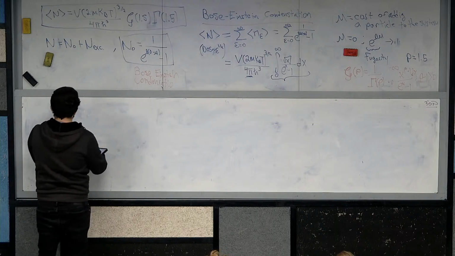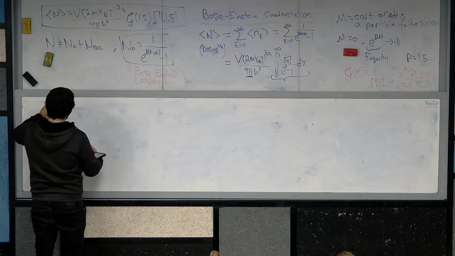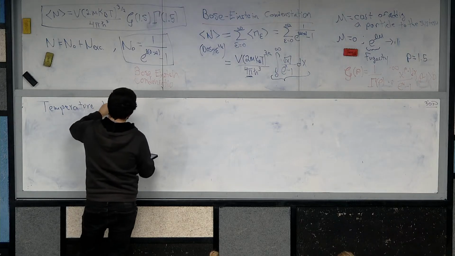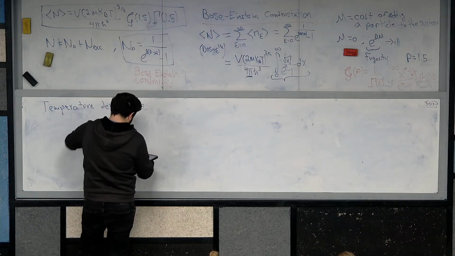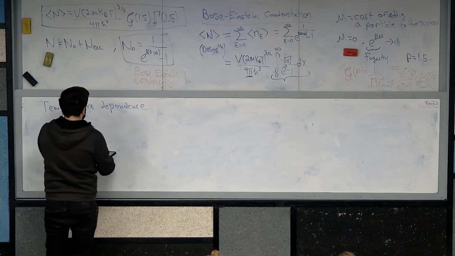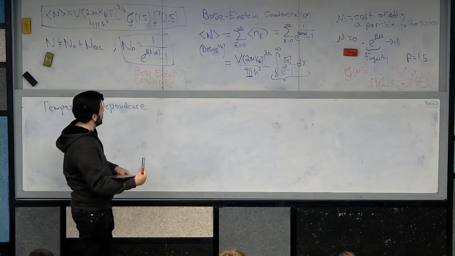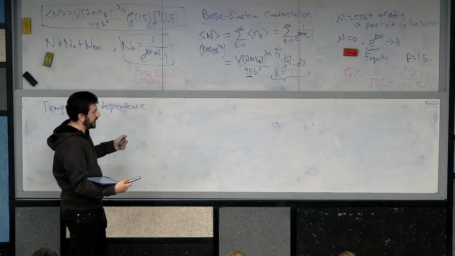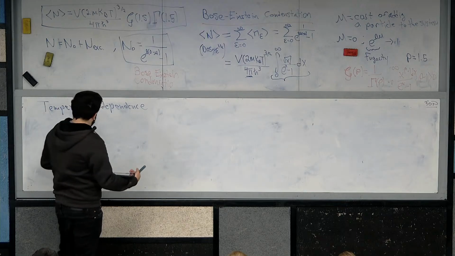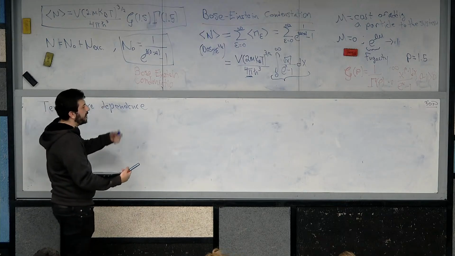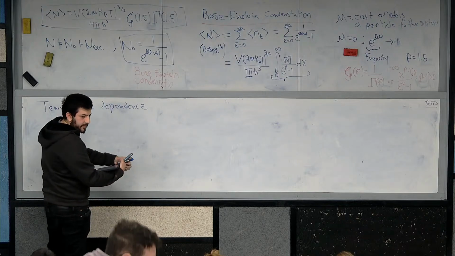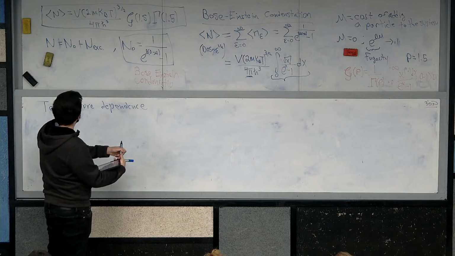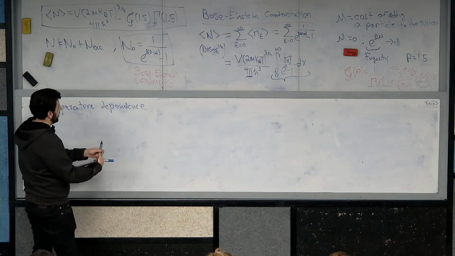So now let's see the temperature dependence. I just told you that at a low enough temperature, most of the particles will be sitting on the ground state. So now we want to compute and understand below which temperature this happens. Okay. So what would you do in this case? How would you get the critical temperature?